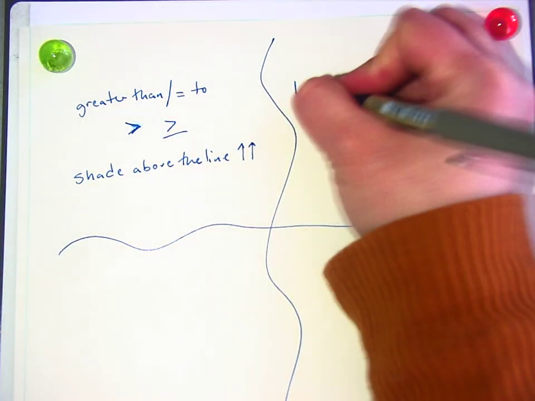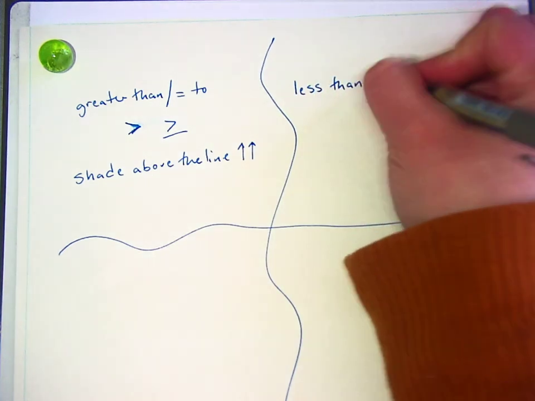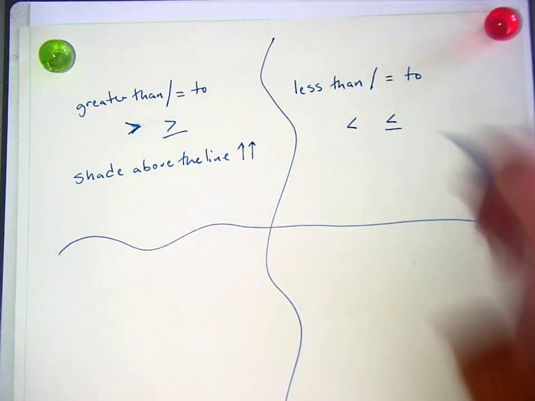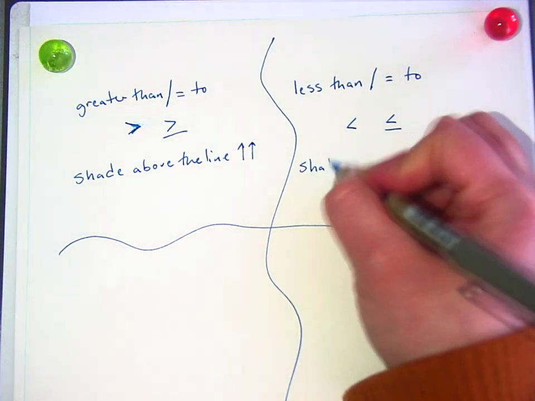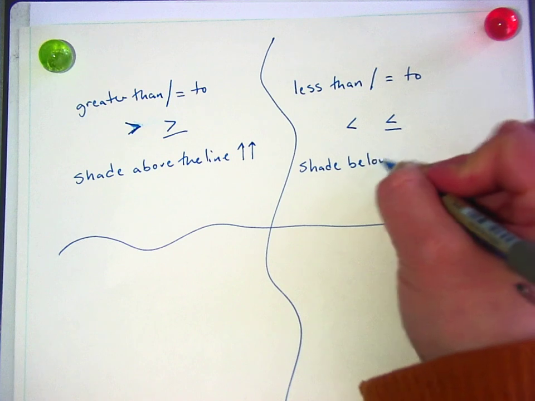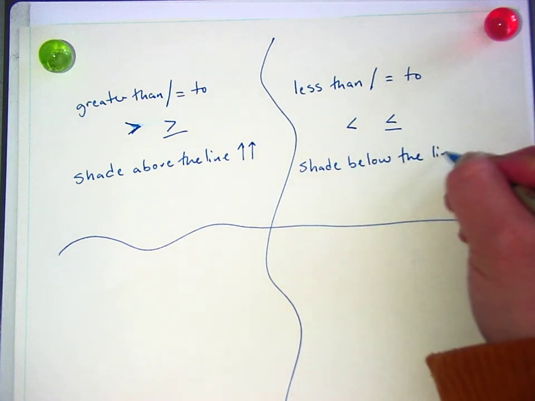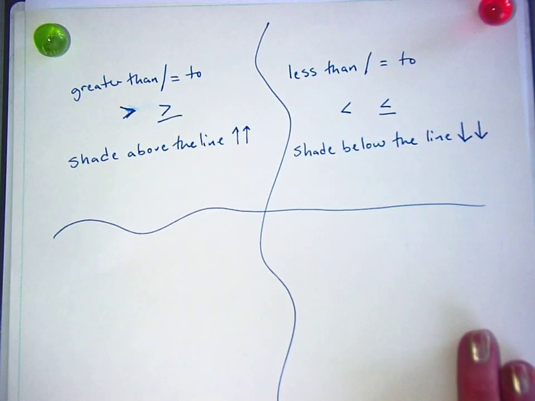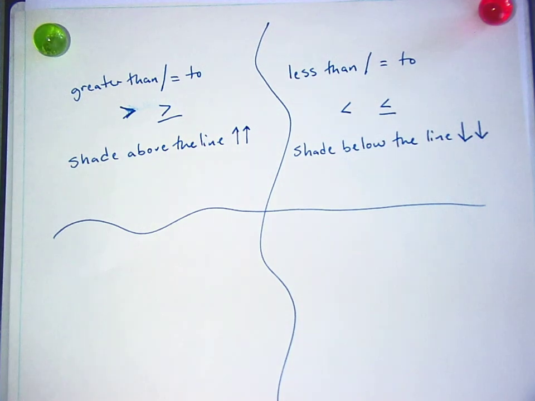If it is less than or equal to, so less than or equal to, you shade below the line. Like drawing vertical arrows going down. The only thing we have left to talk about, I'll let everybody finish writing.